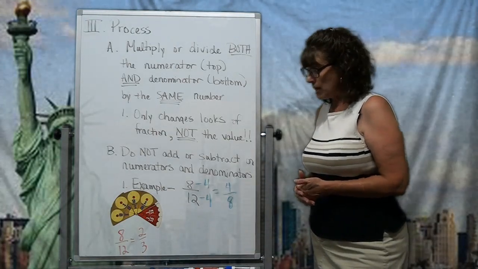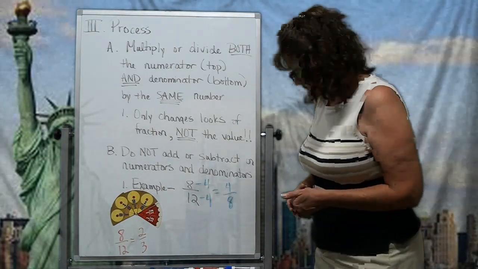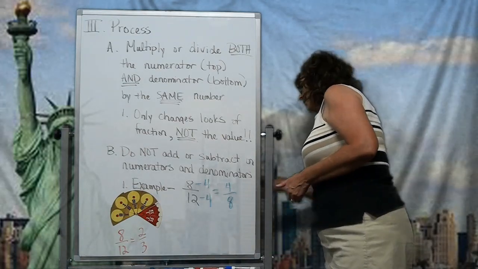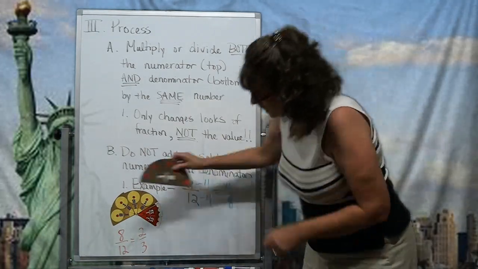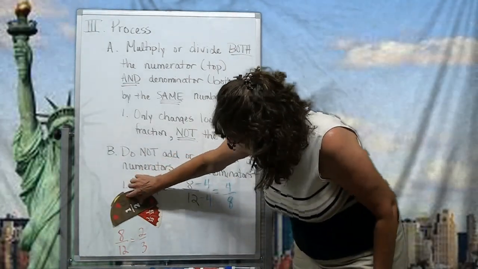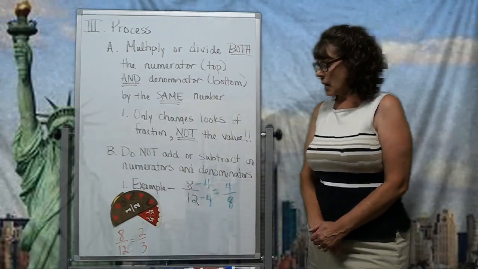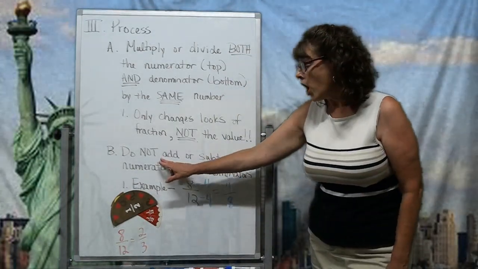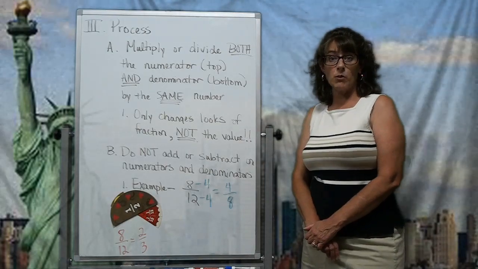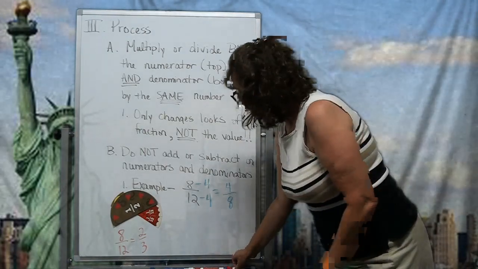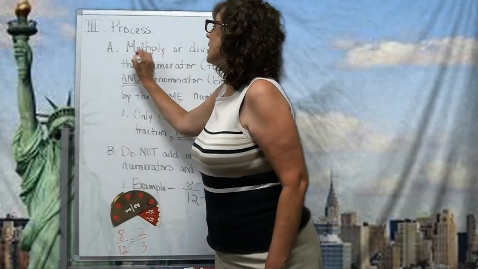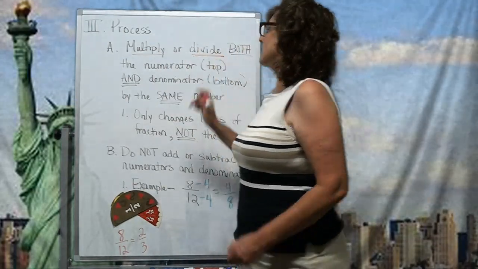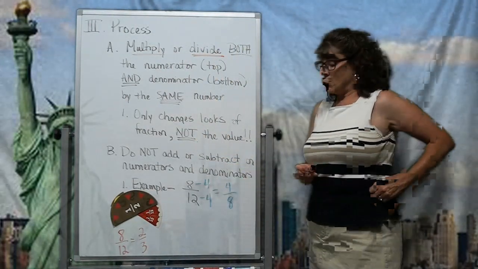This 4/8 would be the equivalent of 1/2, and you can see very clearly, where's my half piece? My 8/12 does not take up the same space as 1/2. So no, you cannot add or subtract the same number on the numerators and denominators. You can only multiply or divide by the same number.